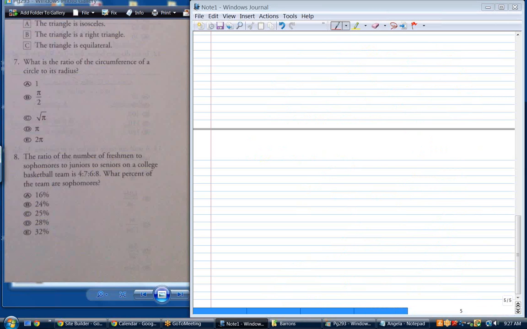Well, I know the circumference is 2 pi r. What does it mean? The ratio of the circumference to its radius means this, right? Yes. Okay.